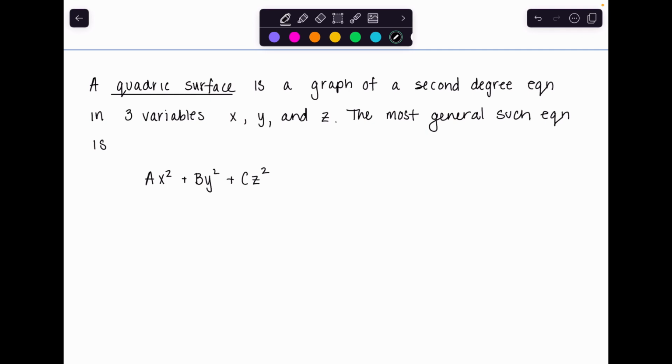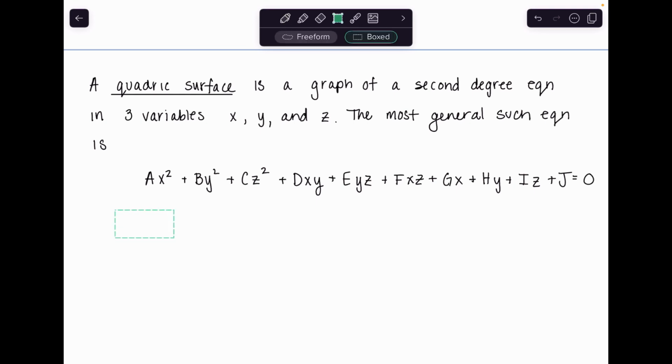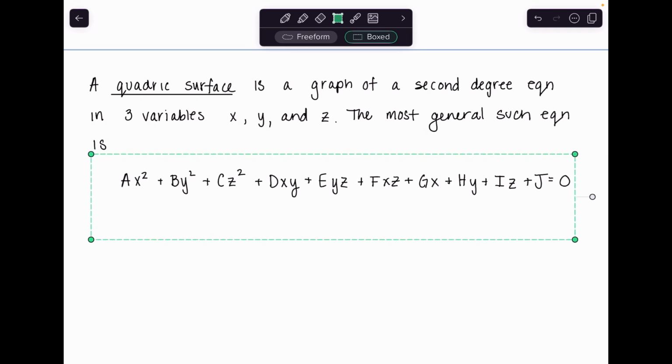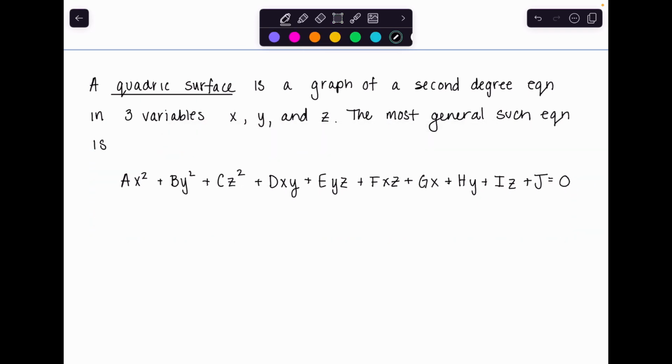And then technically you can have cross variables, so something times xy, something times yz, something times xz. Then you can have each variable times a constant, and then a constant at the end. This equaling 0 is our most general form for a quadric surface, where A through J are constants.